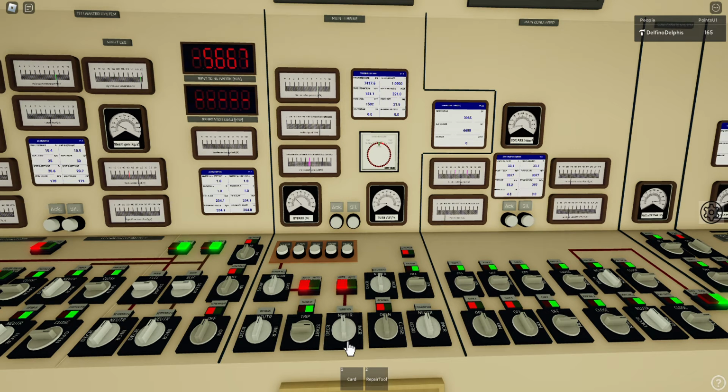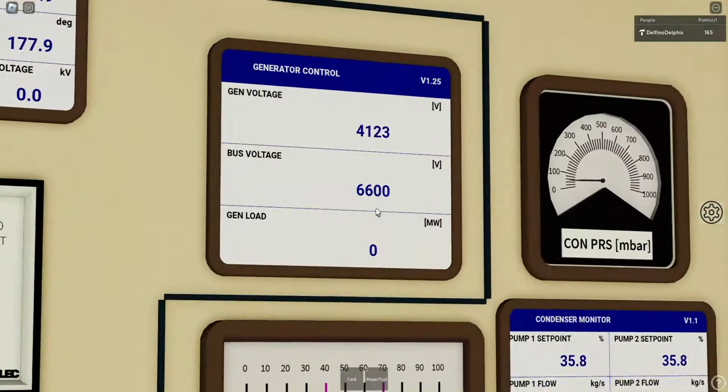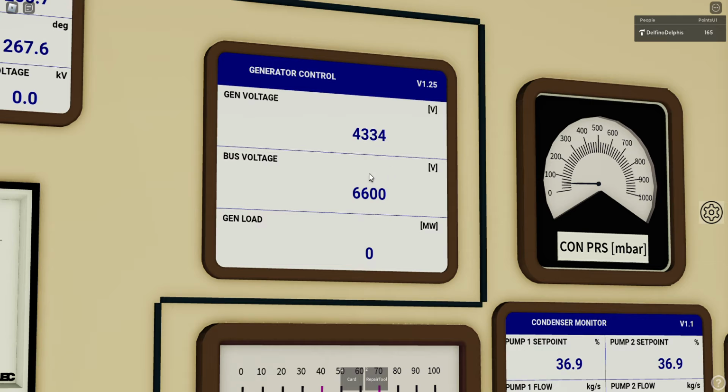So let me set up the turbine again. Pressure is a little too high. Okay, so this is the exciter switch. You can see this will depend on the setting and the RPM. So I do it once the RPMs are pretty close to 1500.